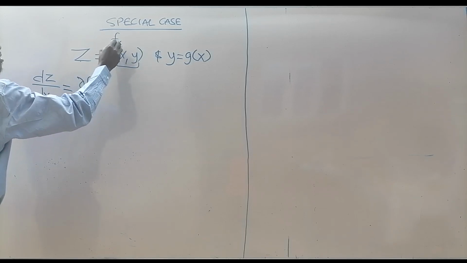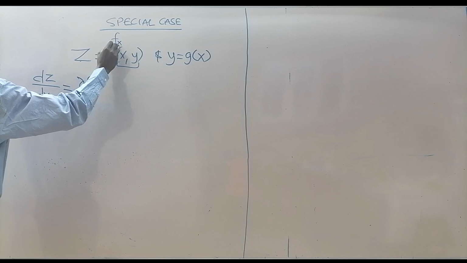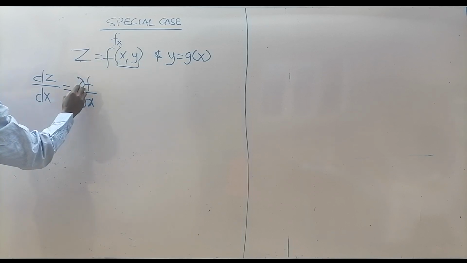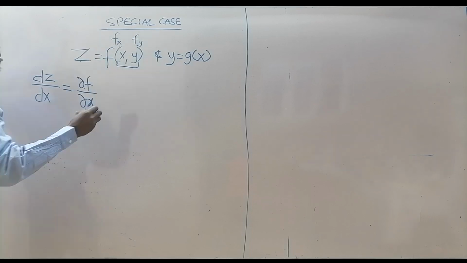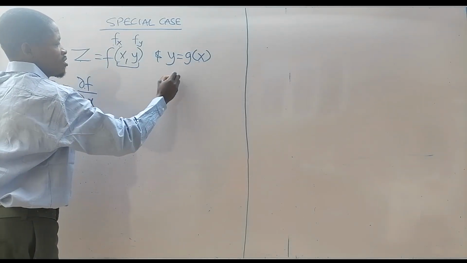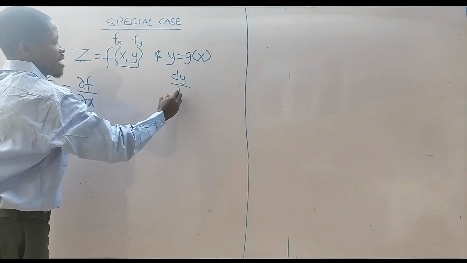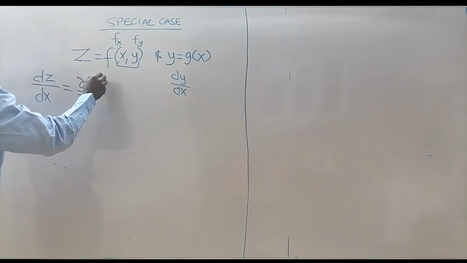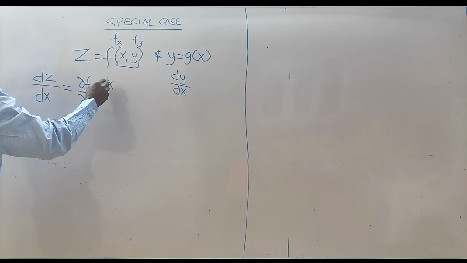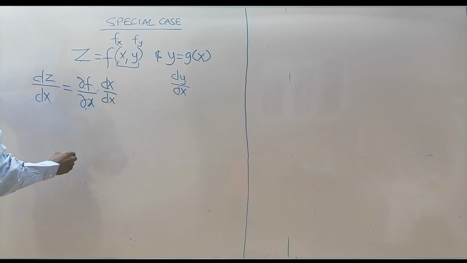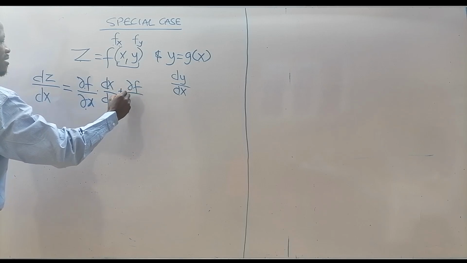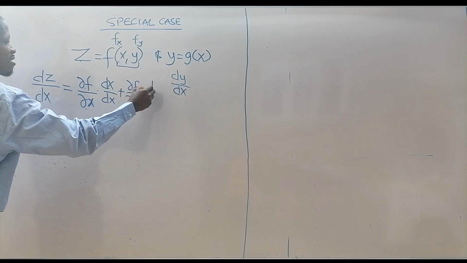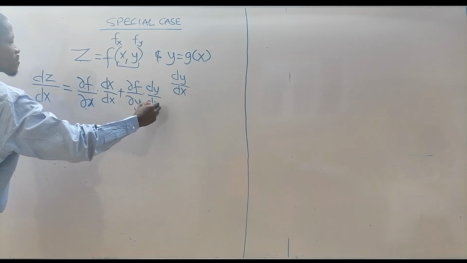We're going to get f subscript x, which is ∂f/∂x, and we're going to compute this one also. This one is a function of one variable, so that will give us dy/dx. And then times this one, we have dx, plus ∂f/∂y times dy/dx.